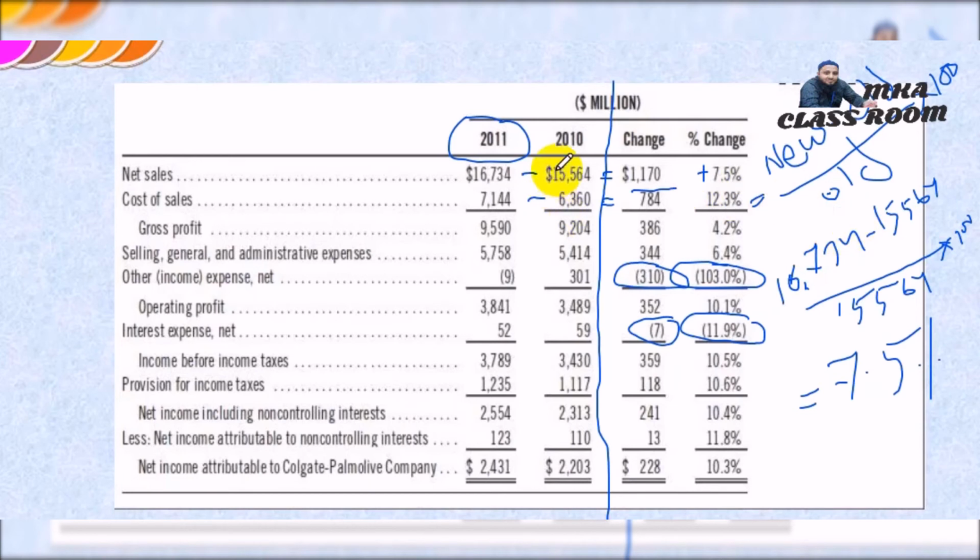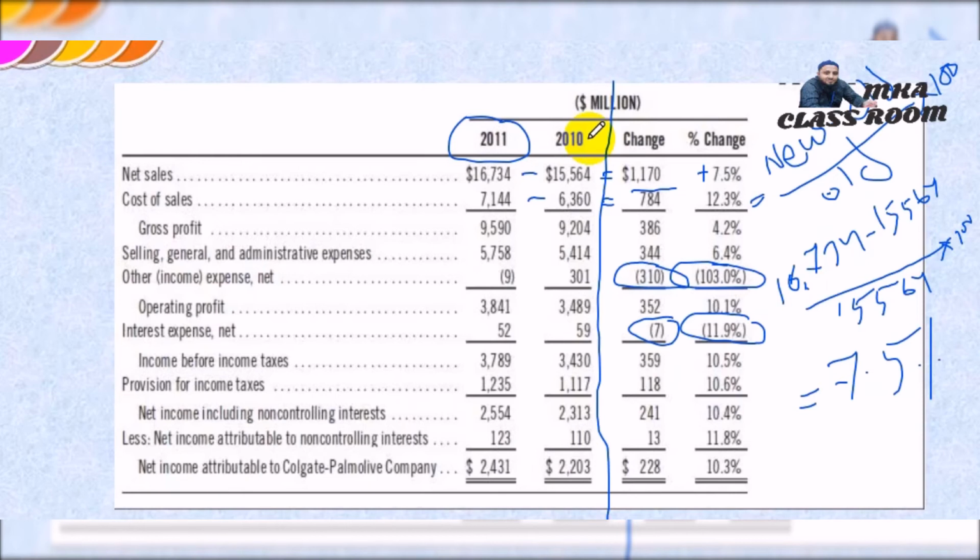That means whenever we compare this performance of this company 2010 to 2011, here we see that in 2011 this company increases its net sales by 7.5%. Cost of goods sold increases 12.3%. In the same way, net income increases 10.3%.